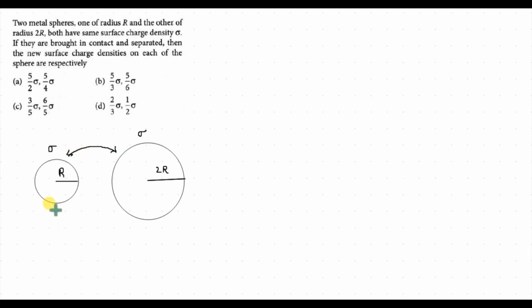Okay, let us say the charge on this particular sphere is q1 and the charge on this sphere is q2. First of all, let us find the charges on the spheres. The charge on the first sphere, q1, is sigma into the area of the sphere, which is 4 pi r square.